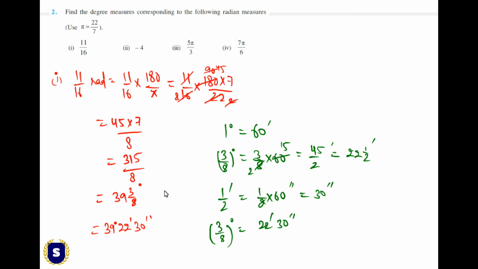Right? Let us jump to our second part, that is -4 radians. We have to convert it into degrees. We'll multiply it by 180 upon pi.